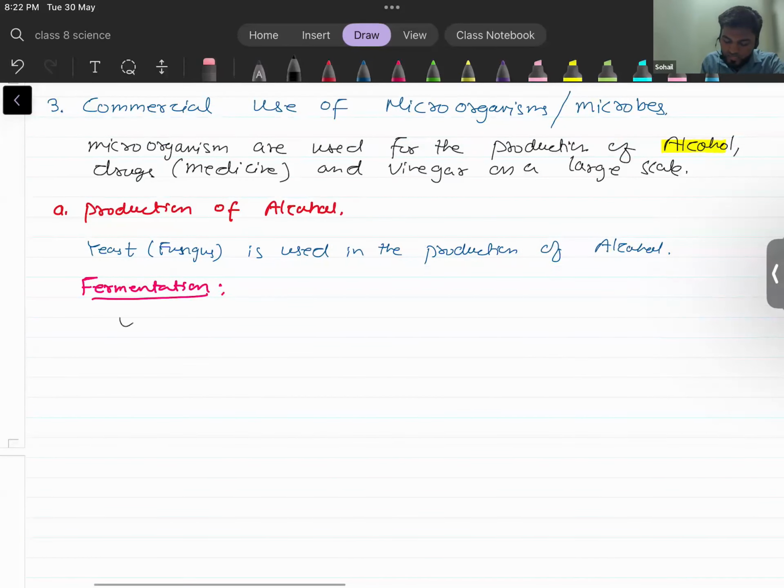What goes in there? Yeast plus sugar equals alcohol plus carbon dioxide.